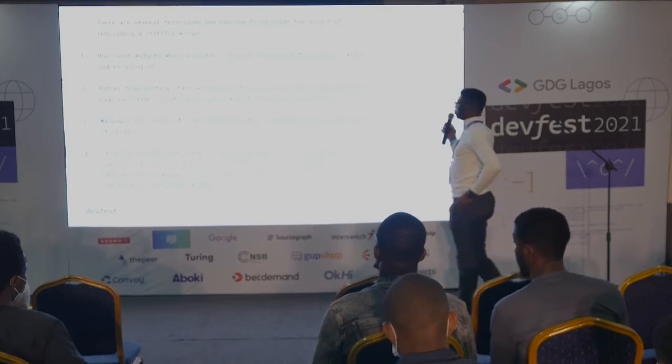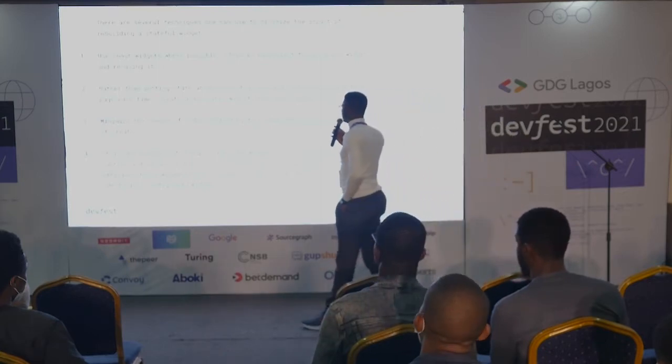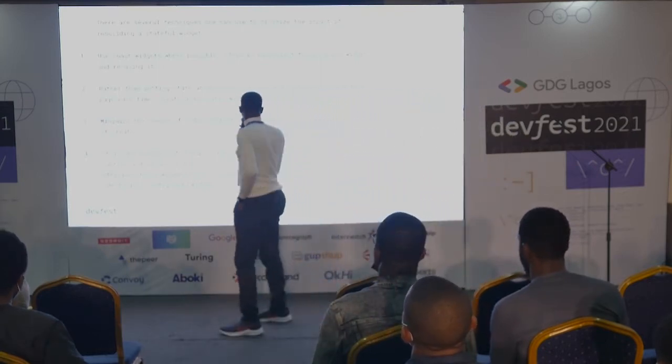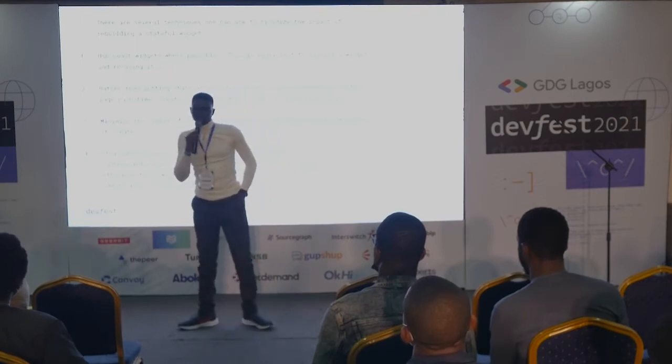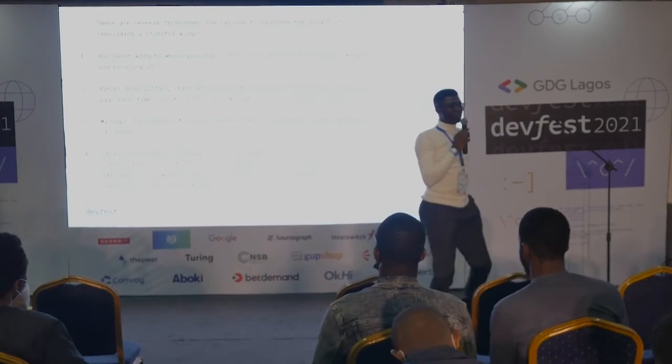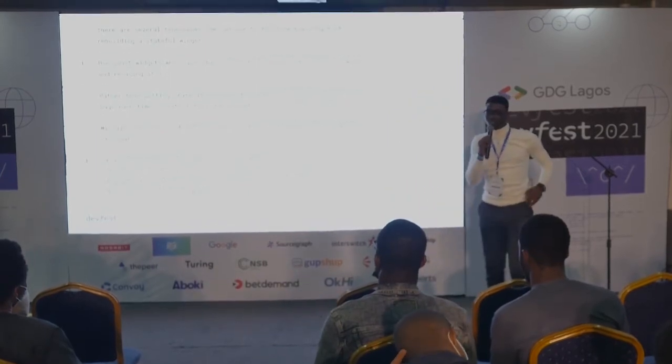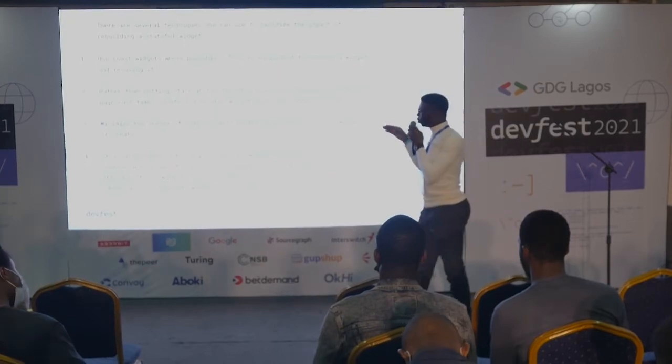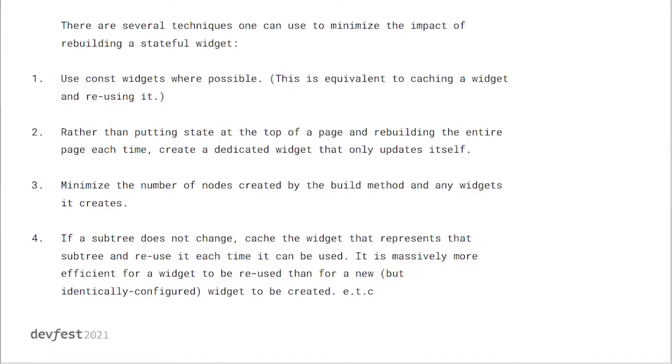And the third one is minimize the number of nodes created by the build method and any other widgets it creates. This is basically talking about us not having very long widgets, children, basically. Just reduce the amount of children in every build method. So yeah, it's unlimited, but having a lot of widgets in your build method actually affects your performance as you go down.